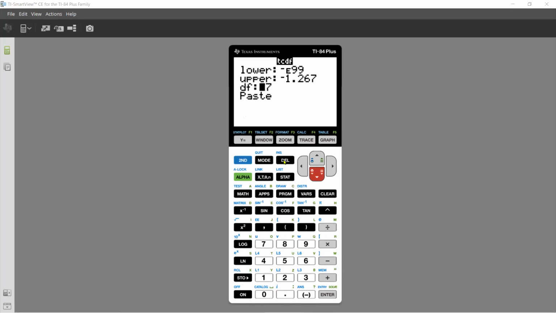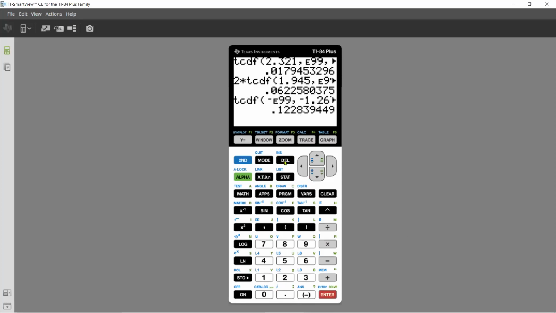I don't want 77. And I'm going to paste it. And I end up with 0.122 or 123 because there's an 8 behind it. 0.123 is my value there.